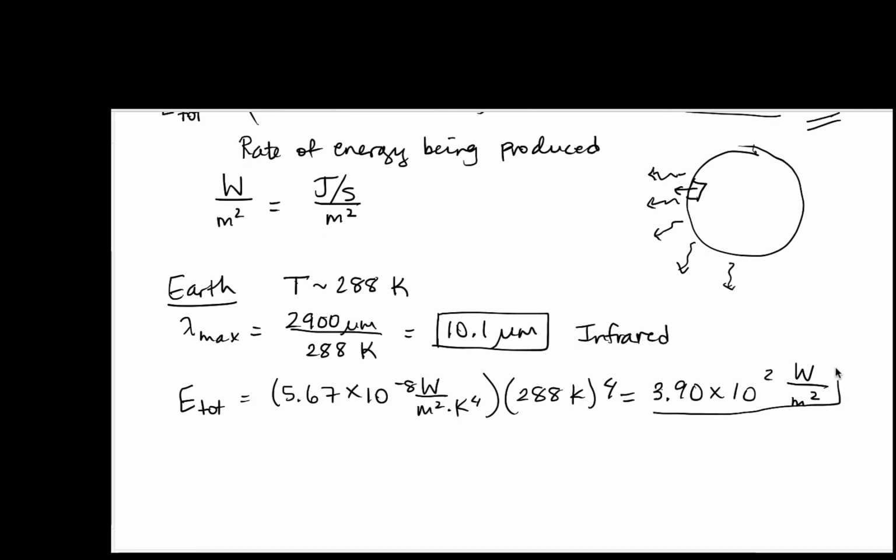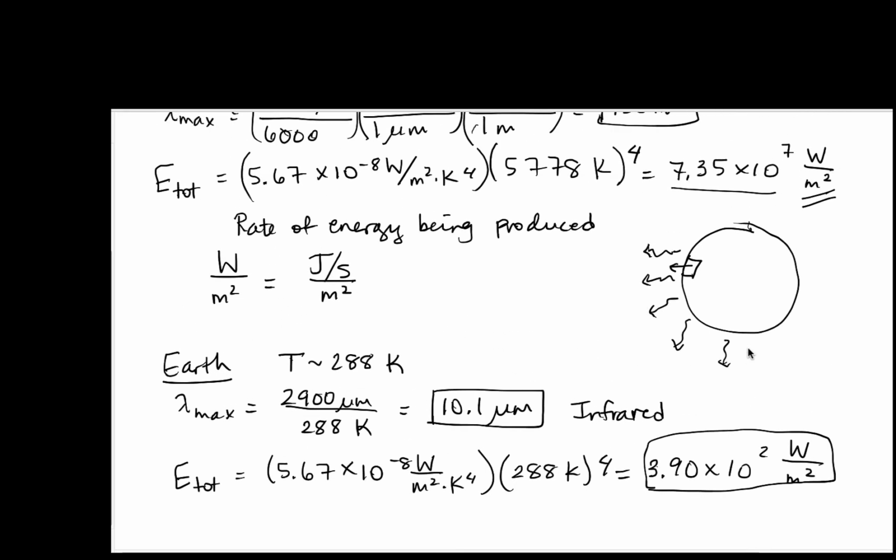So if you look at this number, the energy being released by the Earth is a lot smaller than this number. And that makes sense. We are not a sun. So these numbers, I don't know, they're so big, I'm not sure we can really make sense of them yet, but we'll try as we go to get a little more comfortable with them.